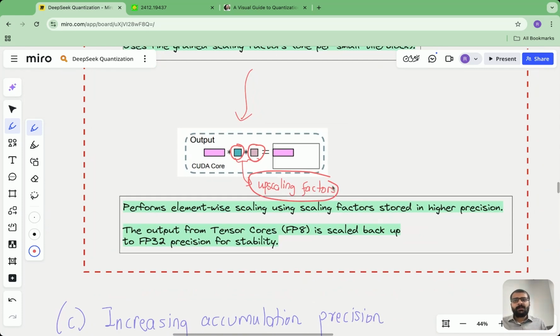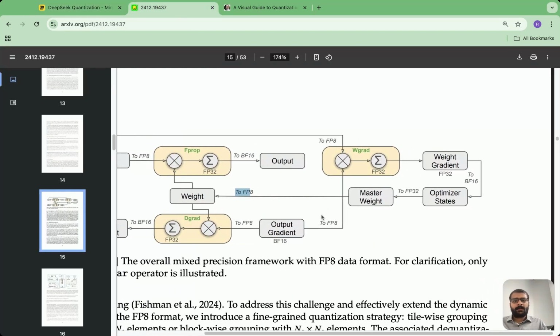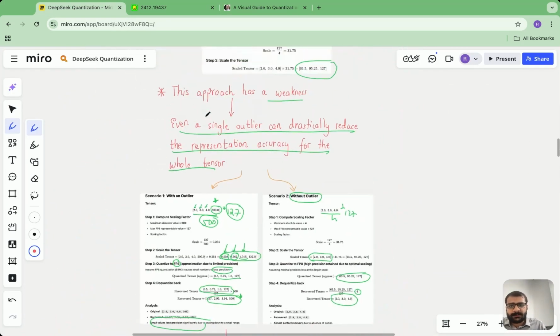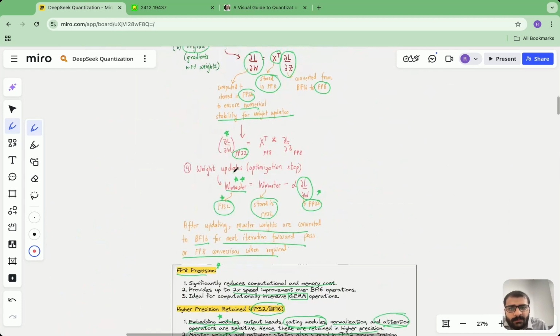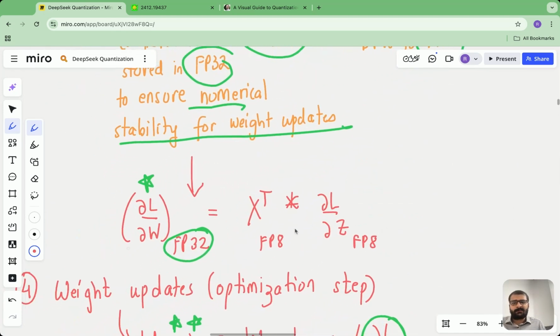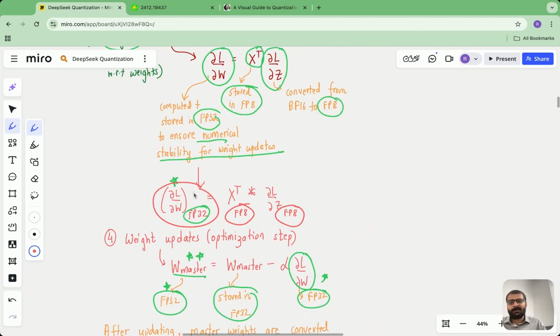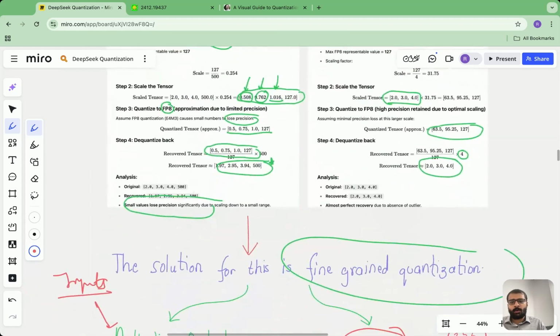For example, if you look at the master weights, the partial derivative of loss with respect to w, it's floating point 8 multiplied by floating point 8, but the product we need to take to a higher precision, that is done on the CUDA core.